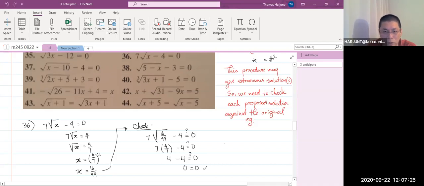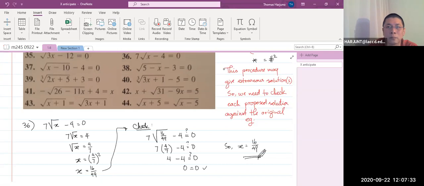So the solution is x equals 16 over 49. Not plus or minus. We do plus or minus only when we apply the square root property to both sides, but not when we square both sides.